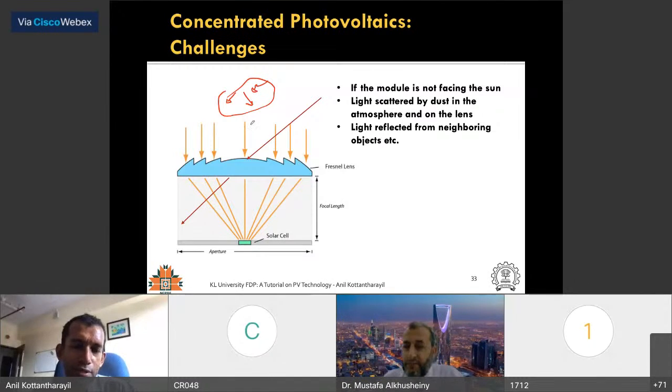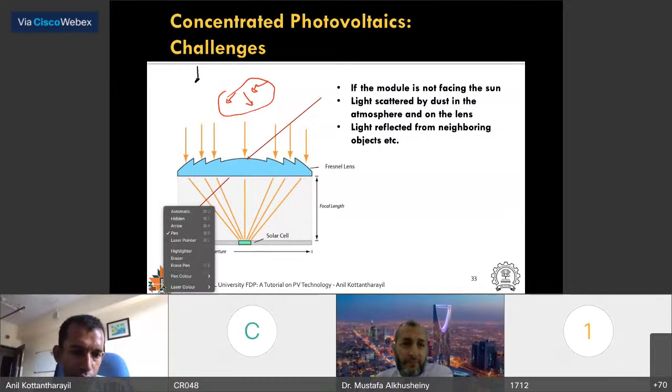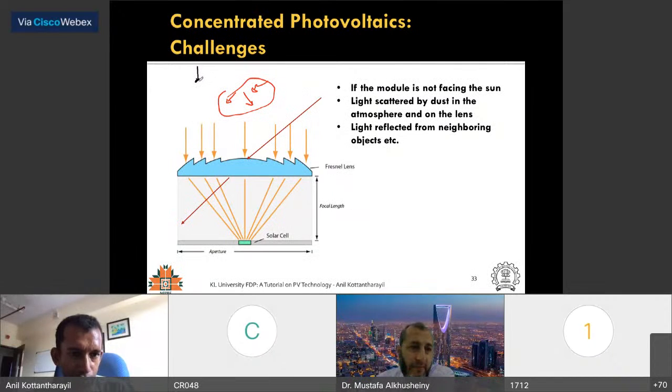Yeah, because this diffuse component comes because of scattering only. See, how does this happen? There is some dust particle, for example, in the atmosphere, a suspended particle. So this light is coming down like this, and now it is scattered. It can be scattered in different ways, this way or whichever way.